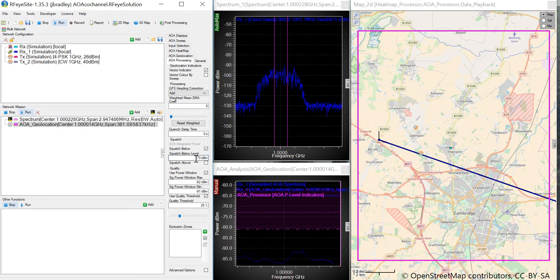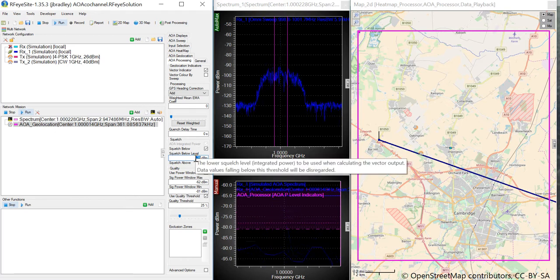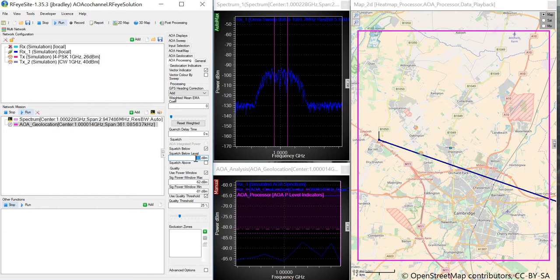So any signal which is below, and if I just move that up and down to show you it's moving live on the screen, we can actually put a threshold point in place and it will discard any data which is below this threshold level, so it will squelch that data out and it will only direction find against the signal that appears above. So as you can see now, I'm only squelching below that figure, so I'm not looking at the noise that's in the background, I'm only looking at the signal when it's here.